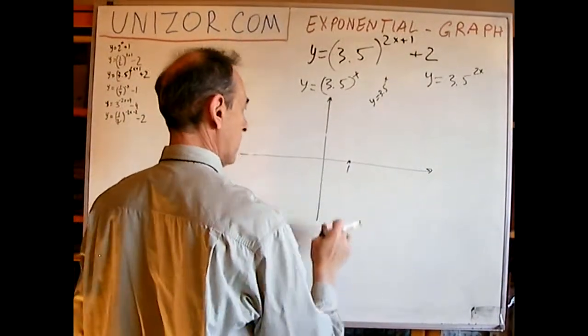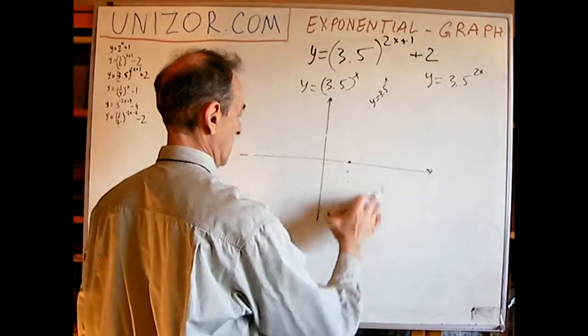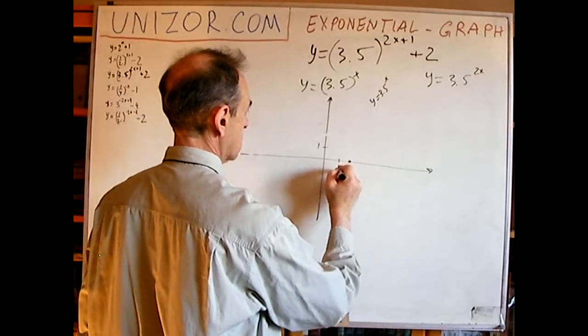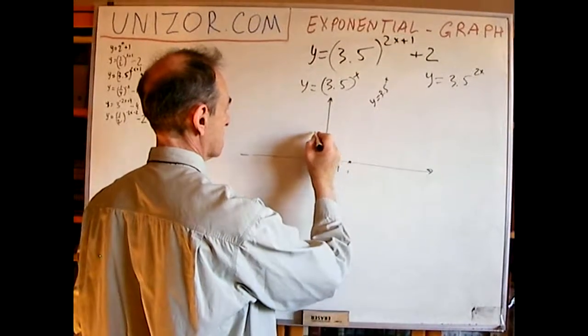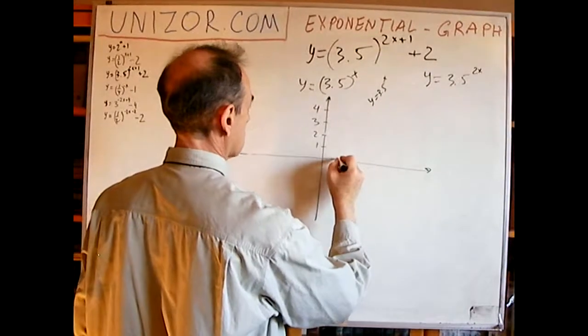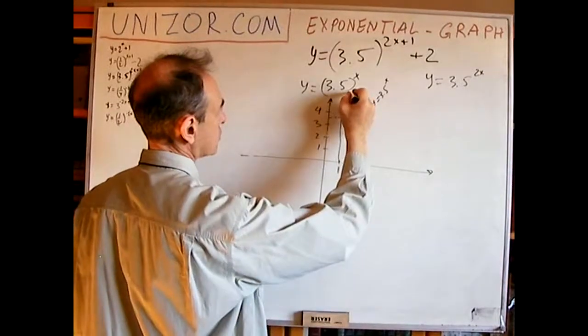Okay. Now let's consider that 1 is here. Now this is 2, this is 3, this is 4. So 3.5 would be here. So the function actually goes this way.